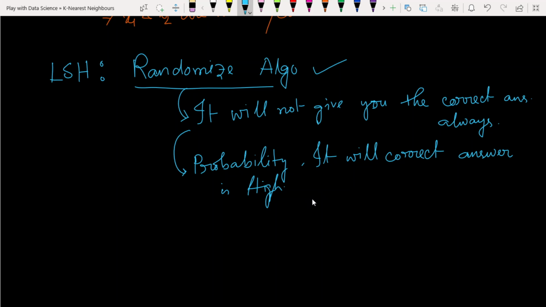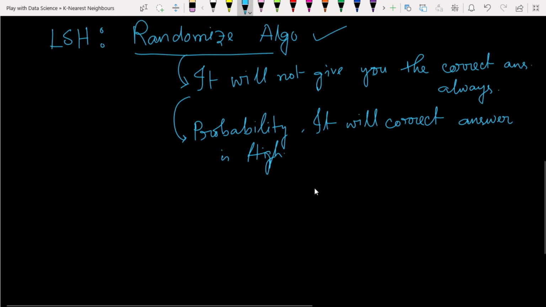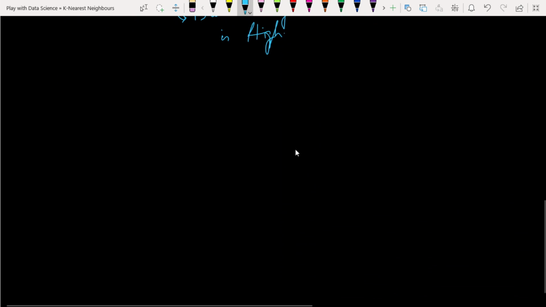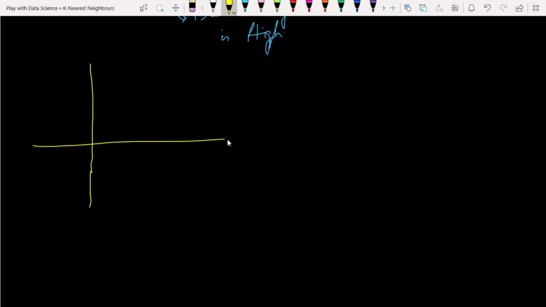So let's see how this actually works. Suppose we have two features of data points, just for simplicity. Suppose this is feature 1 and this is feature 2.